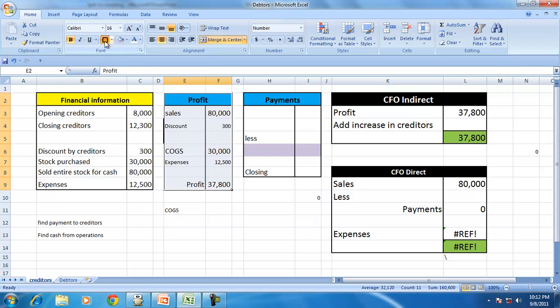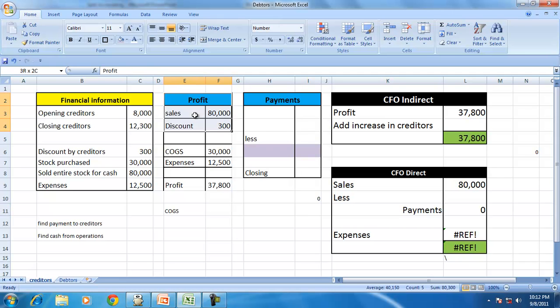We need the profit for the period to determine the CFO indirectly by using the indirect method. So now let us see the indirect method. The CFO is not the same as profit because of non-cash, non-operating and credit transactions.